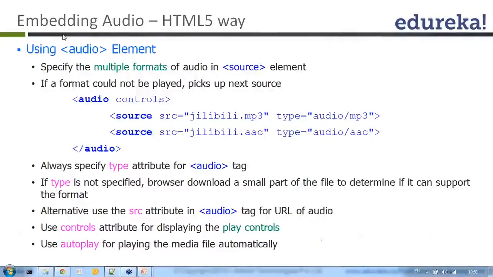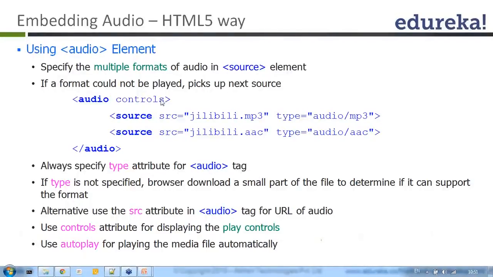So for embedding an audio element, this is the general format of the audio element. You have the audio tag, start tag and end tag, and within the start tag you have some attributes. One of the important attributes is controls.